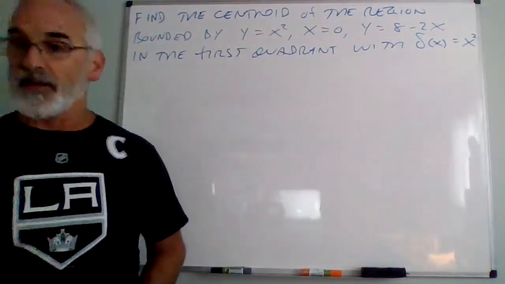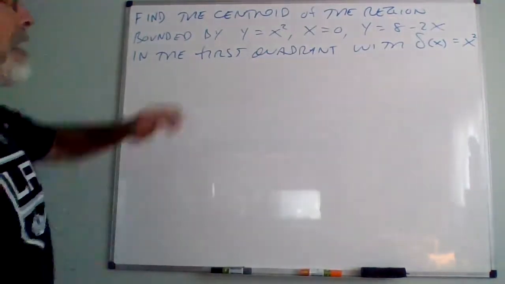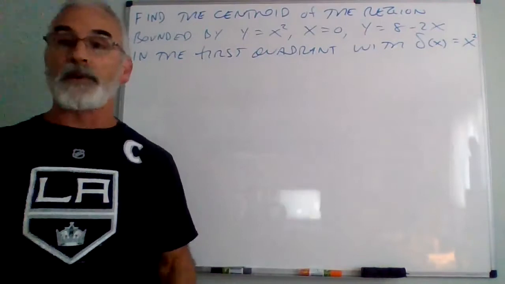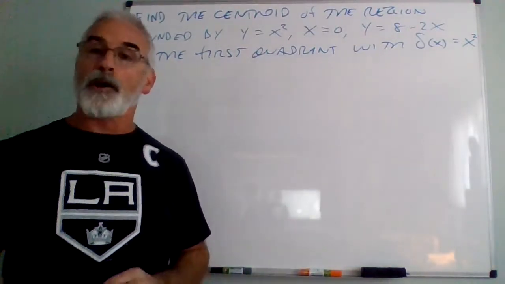Now this is not terribly complicated because our boundaries are simple polynomials and our density is a simple polynomial, which means our integrations will also be simple polynomials.